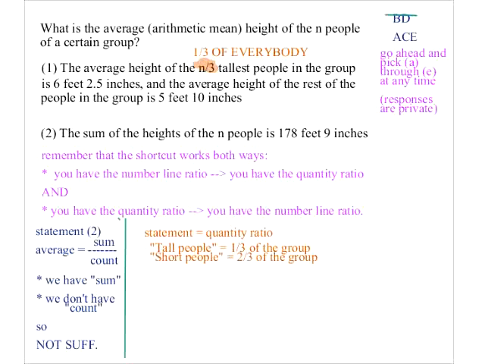So this is therefore a 1-to-2 ratio of tall people to short people. I know 5'10" is not really short, but you know what I mean, relatively speaking. So that's a 1-to-2 ratio of taller to shorter people. So let's put this on a number line.